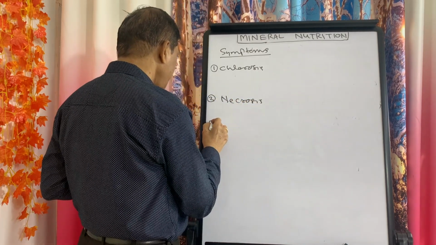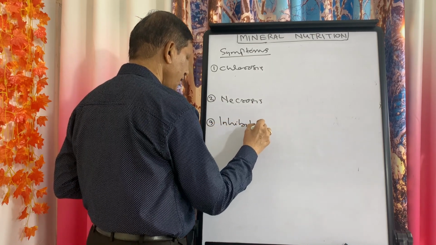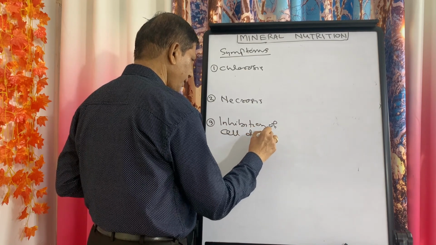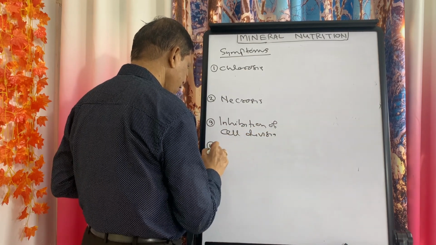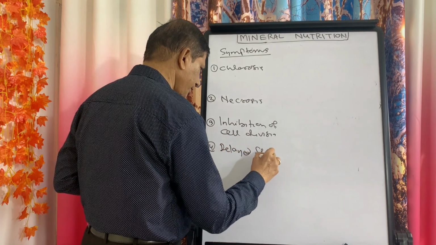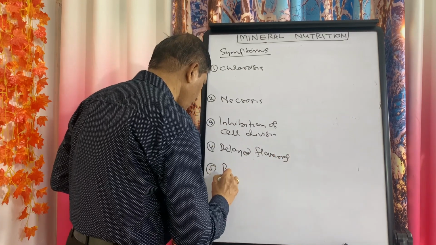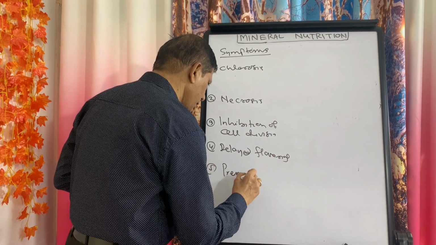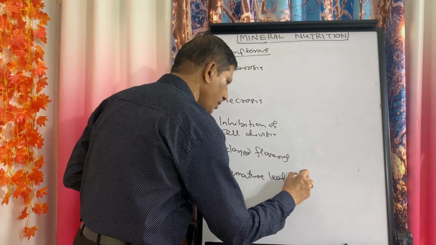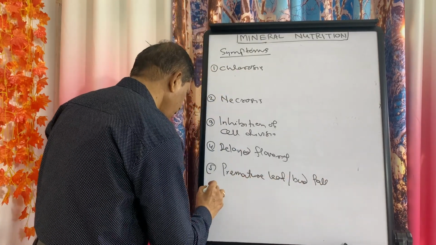The third symptom is inhibition of cell division. The fourth one is delayed flowering. Then the fifth one is premature leaf and bud fall, and there will also be stunted growth.